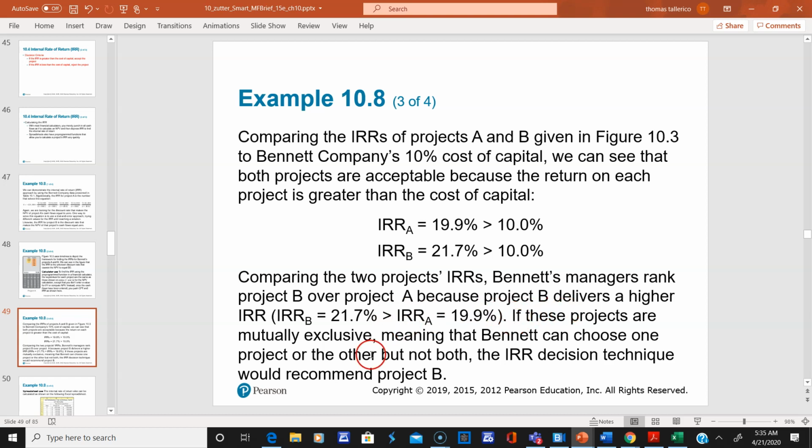If these projects are mutually exclusive, meaning that Bennett can choose one project or the other and had to pick one, you would take Project B. That's if they were mutually exclusive. So that's the way that all goes.